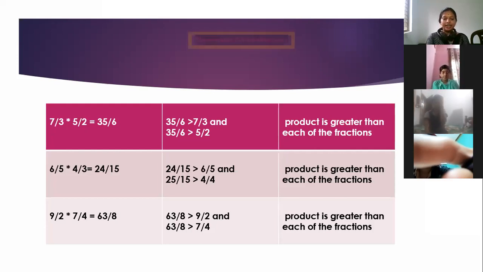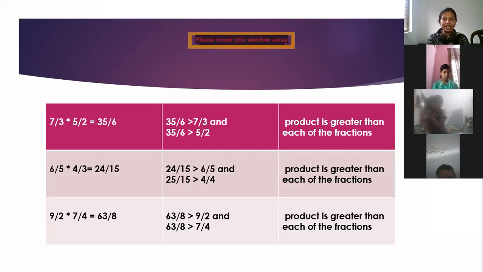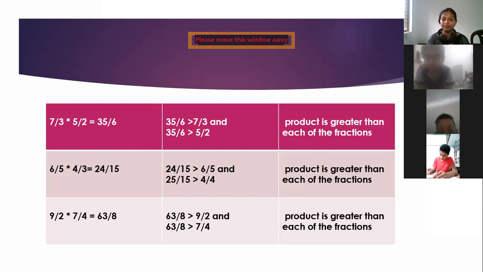Then we have to move on to our next question. You have to fill the numerator of our second fraction, and it is given as 6 by 5 into dash by 3, which is equal to 24 by 15. The product's numerator is 24 and one numerator is 6.